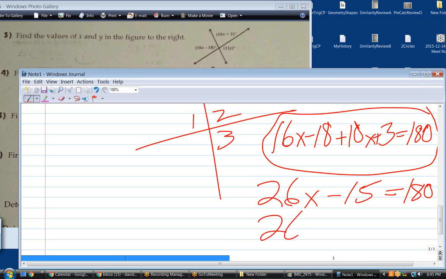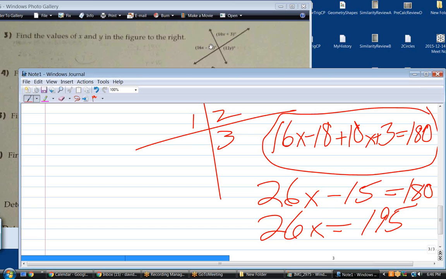Now 26x equals 195. Surely that's a round number. No, it isn't. 7.5. Oh, that's not bad. Really? It's exactly 7.5? That's what my calculator's giving me. That's okay, there's nothing that said we can't have fractions.